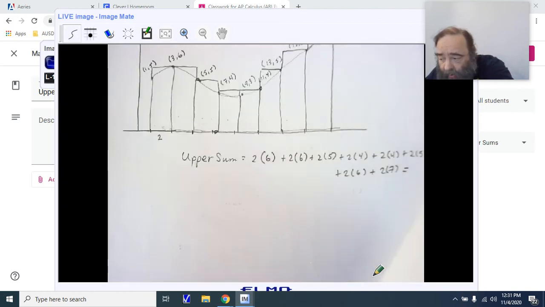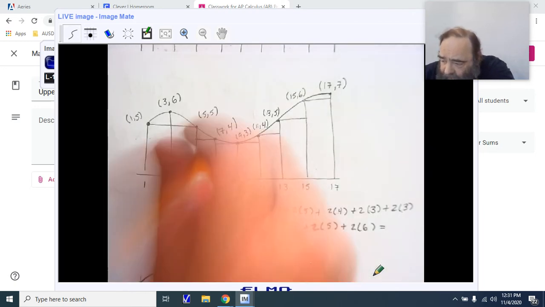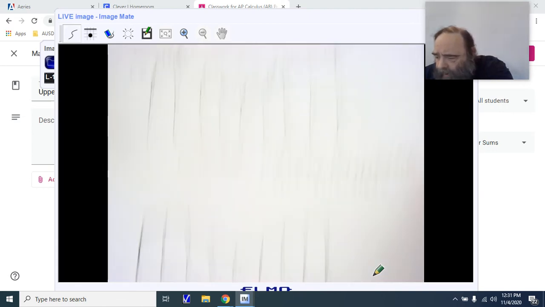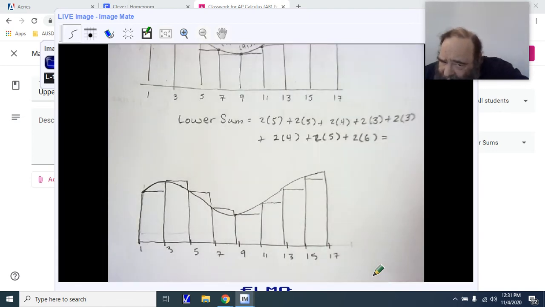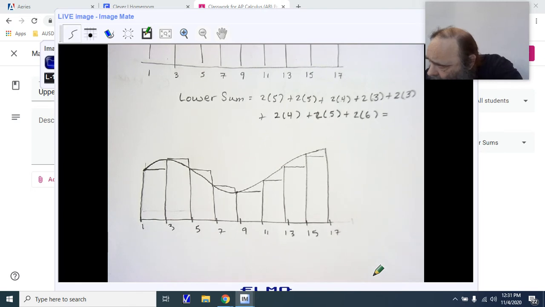Upper sums and lower sums, we definitely need to see the picture to know what values we're multiplying by. Riemann sums are often best worked with tables of values, because then we're just working with our left value and the product of the gap, whereas the right Riemann sum is going to do the exact same thing, but now work with the right value.